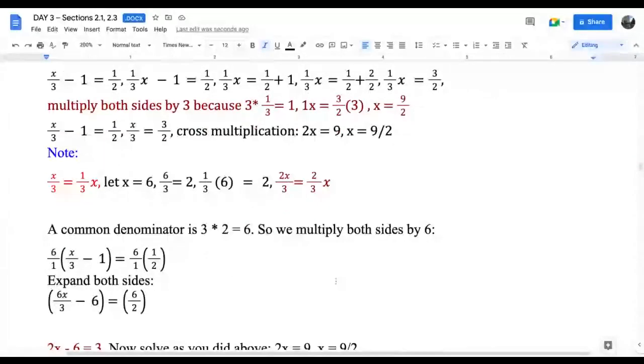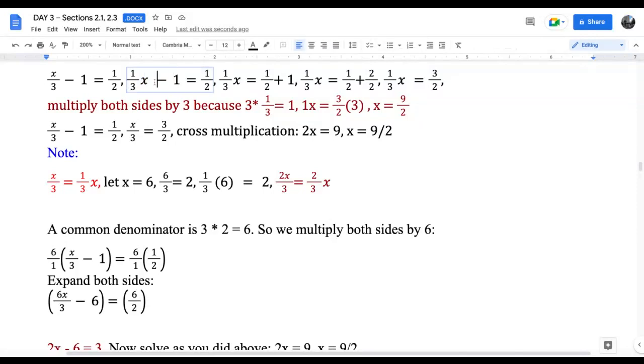Let's see some with fractions. So this is x over 3. Well, x over 3 means 1/3 of x, because this 3 is in the denominator, meaning 1/3. So 1/3 of x minus 1 equals half. So what can we do?